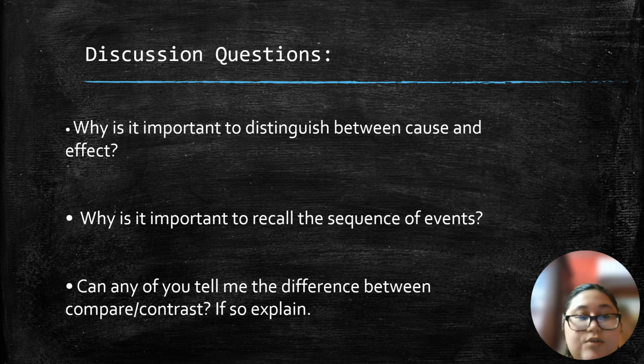Yes, that is very true. It is important to recall the sequence of events so you know what happened and when and why and where. On to our next question. Can any of you tell me the difference between compare and contrast? If so, please explain. Yes, that is correct.